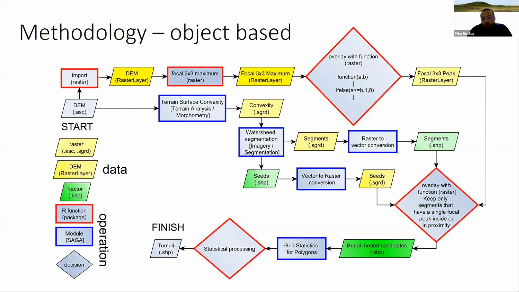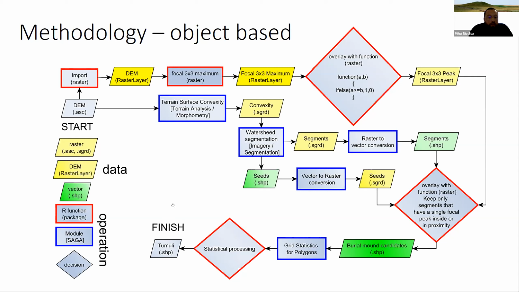Then we used the seeds of the watershed segmentation with the focal peak to select only those segments that could potentially be burial mounds. And then we used various geomorphometrical parameters of those segments in a statistical algorithm, random forest, in order to derive the final product, which shows us the burial mounds data.